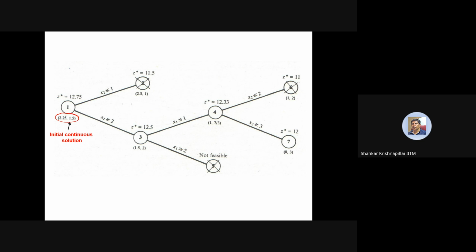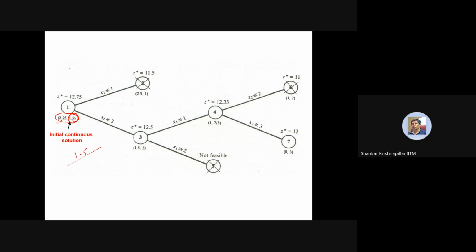First you find the maxima assuming both x and y are continuous variables. So you get x1 and x2 as continuous variables. x1 is 2.25, x2 is 1.5. Now, what you do is that you try to force x2 to the nearest integer. So x2 is 1.5.